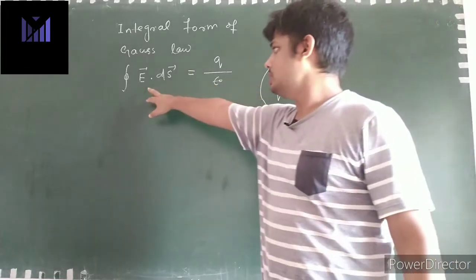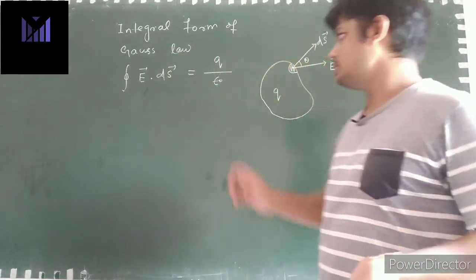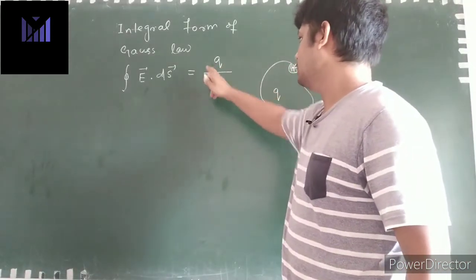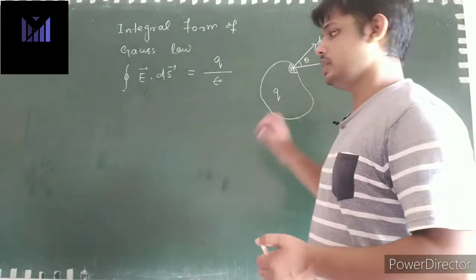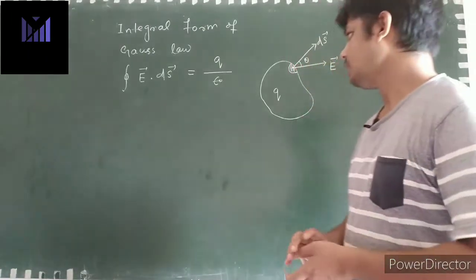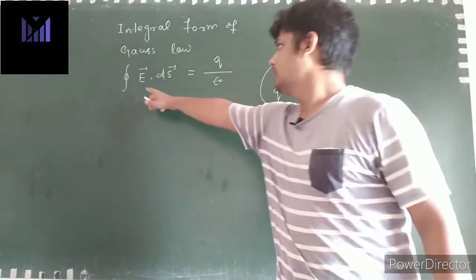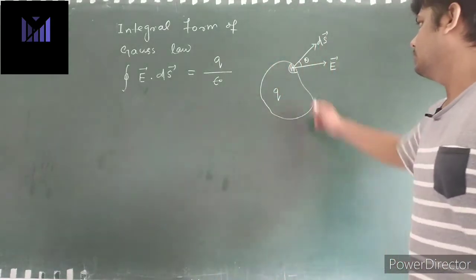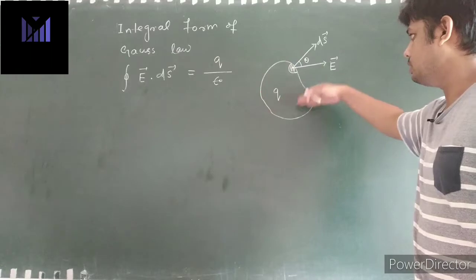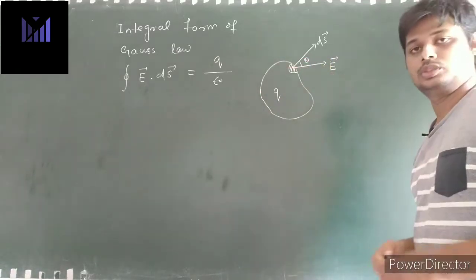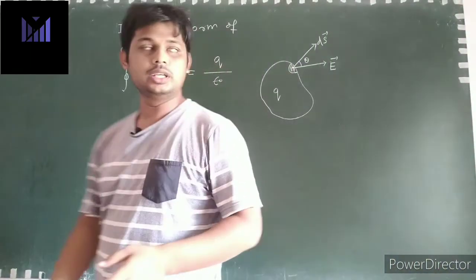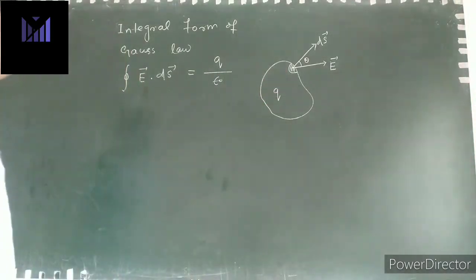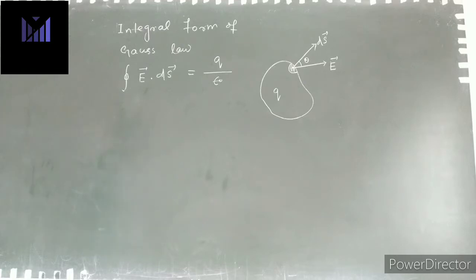And on the right-hand side, Q represents only the charges enclosed inside the surface. We are integrating this electric field over the whole surface of this closed volume. Here E represents the electric field at any arbitrary point on the Gaussian surface.